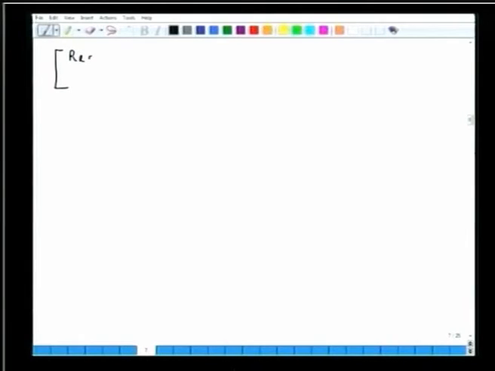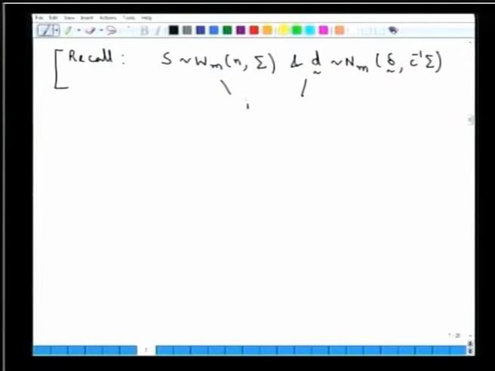We may recall the theory that we have just now learnt: if S follows Wishart m n sigma, I'll just write it once again, and this D is another random vector which is having a multivariate normal m. Let me write it in the notation that I had introduced first up. So this was delta, C inverse sigma, and if we have these two to be independent, then the Hotelling's t-square statistic was defined as C times n d prime S inverse d.